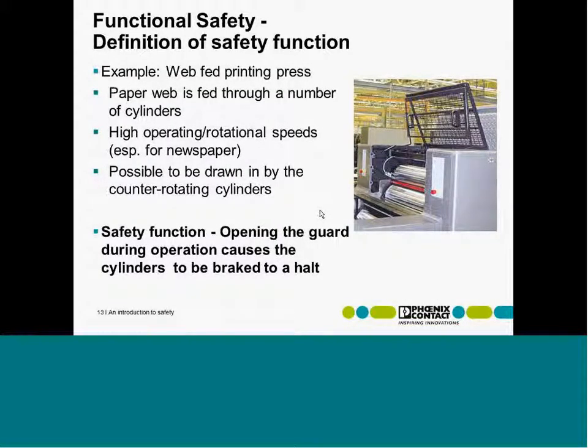That's the definition of the safety function. You would agree that on a printing machine we have much more than just this single safety function, but to keep it simple, we would like to start with this easy safety function. So let's take that as the reference point here.